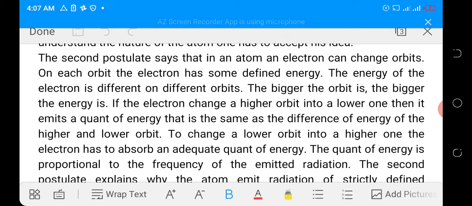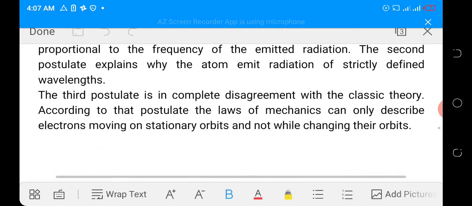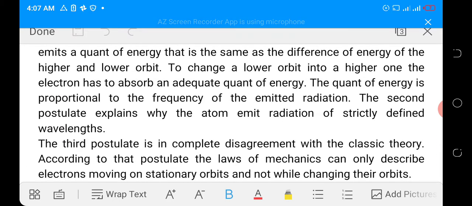And if an electron wants to go from a lower orbit to a higher one, it must absorb an adequate quantum of energy. The quantum of energy is proportional to the frequency of the emitted radiation as given in the equation stated above. The second postulate explains why the atom emits radiation of strictly defined wavelength.